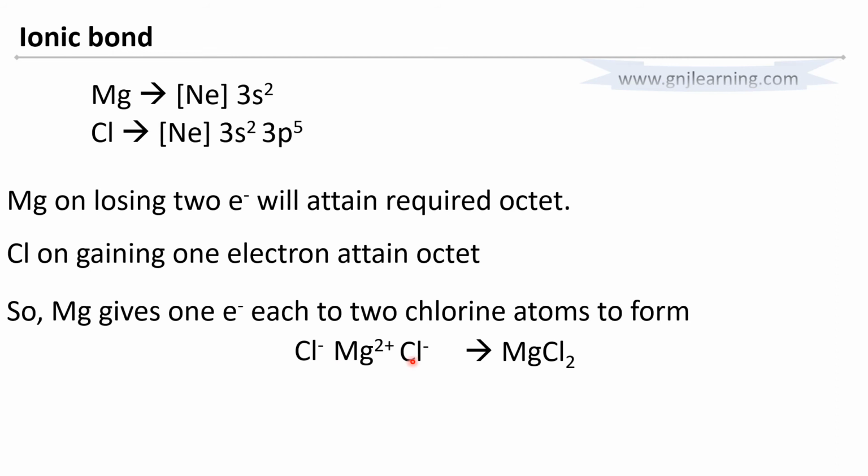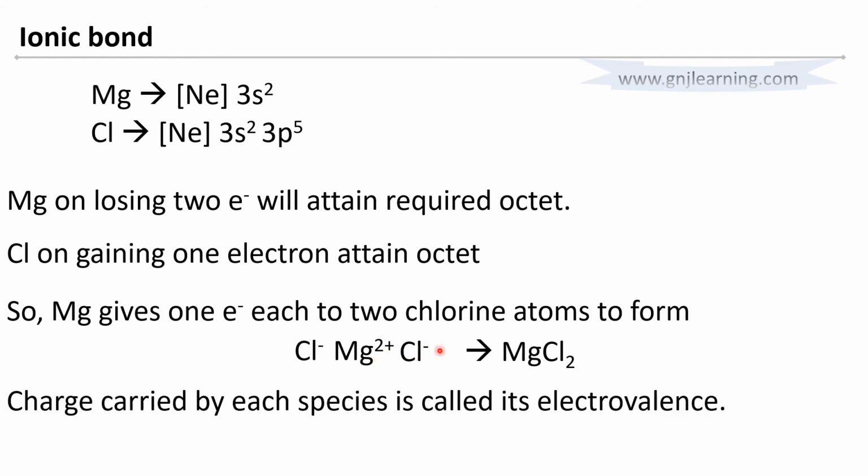Clear? So this charge on the ion, in the case of magnesium it is 2+, and in the case of chlorine it is a negative charge, is called electrovalence. So the charge carried by each species in a compound that has an ionic bond is called electrovalence. How many species are there?